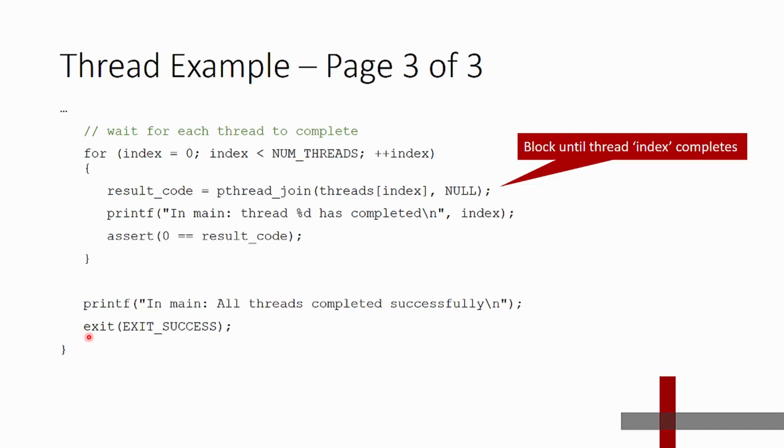Instead, what exit does is it kills the process where it stands and then gives this exit success, which is 0, to the operating system as the return result of this particular program. So this is bad style. You should not be ending your programs with exit. It's kind of harsh. You want to return from main if at all possible. Exit is great for something in the middle of a program, but it's not great for something just at the end of your program.